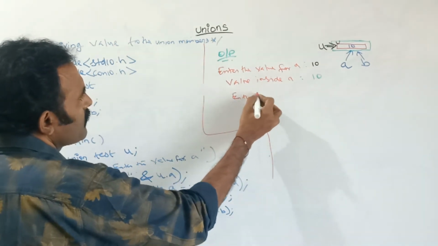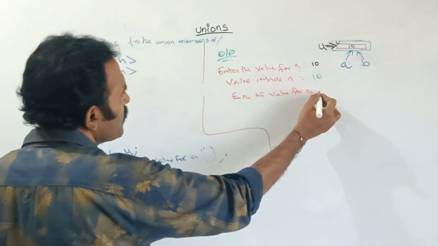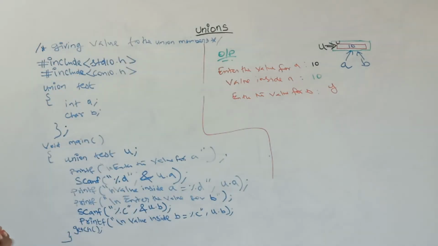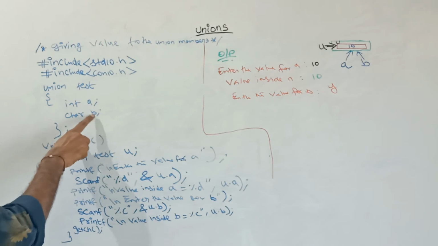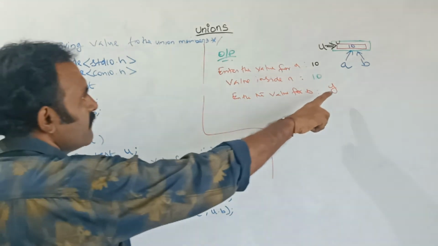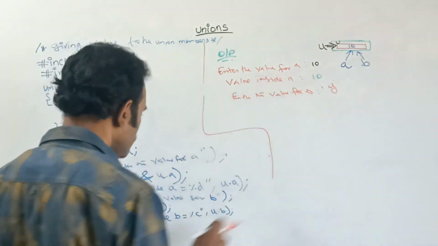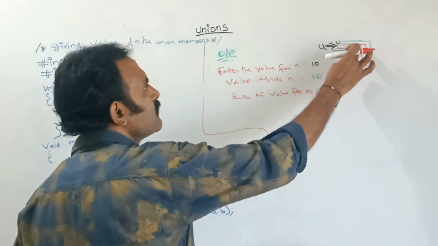Enter value for B. Suppose you are giving the value Y, because this is character data type, a single letter only. I have not used any array, just a single letter. So here I have given the value Y, and this Y will be stored as it occupies the same memory space.